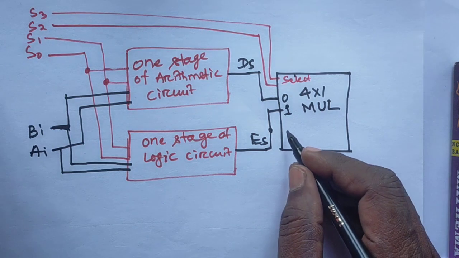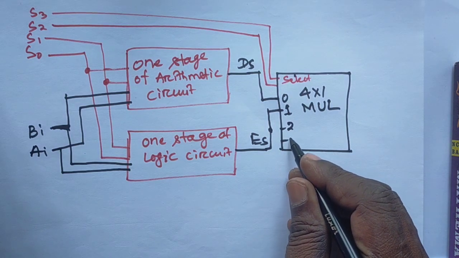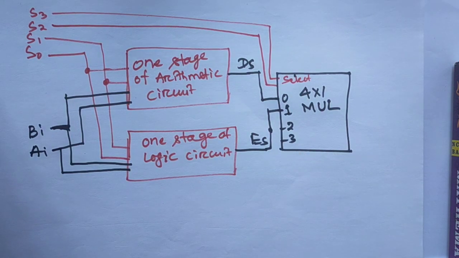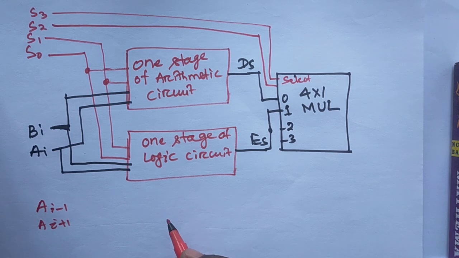One is 2, another is 3. We consider, as I told previously, AI minus 1, AI plus 1. That data is considered for here.